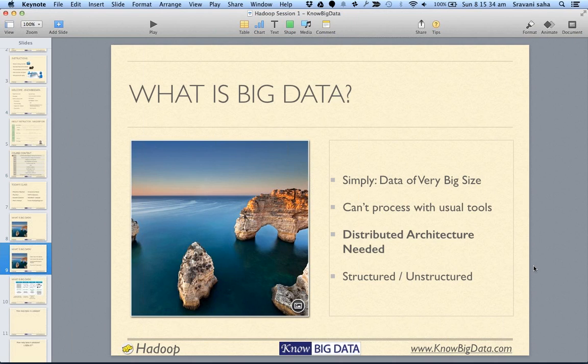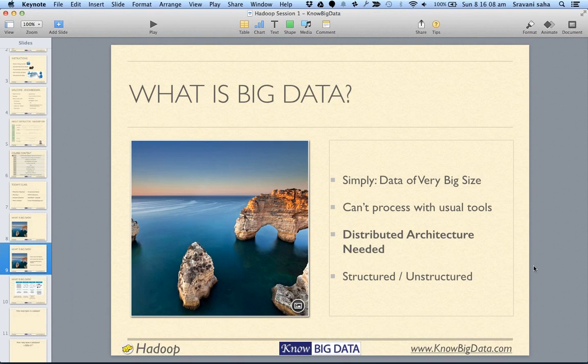Unstructured is when you don't know the fields in the input data clearly, and to understand the data you might have to parse it and convert the strings into individual integer, long, or boolean, or whatever data type it is. That kind of data, when you don't know the fields and their data types, you generally call unstructured data.